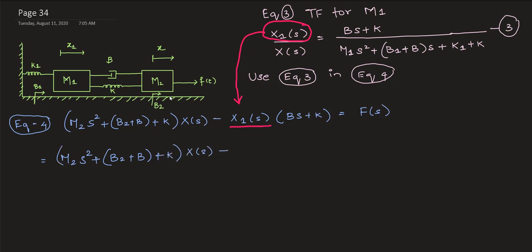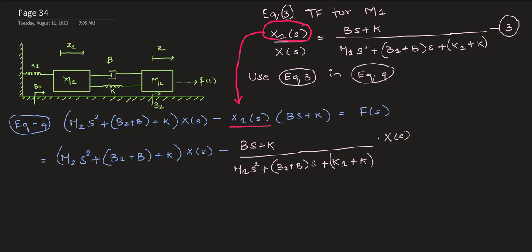So this makes it possible to calculate the transfer function X(s) upon F(s) as shown here, because my X1(s) is going to come from my equation 3 and be substituted here. That means I can take my X(s) common, and I can write my X(s) by F(s) by bringing that to one side and keeping all the other terms on the other side.